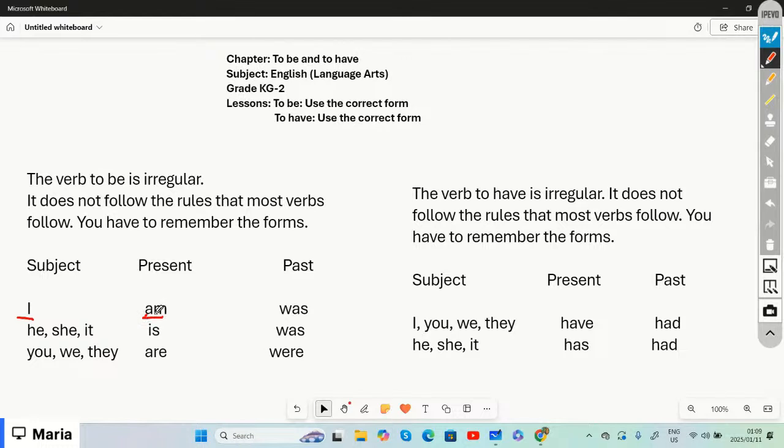I am maybe 7 years old or I am 8 years old, depending. So in the present, we will say I am. Like, for example, I am 10 years old.